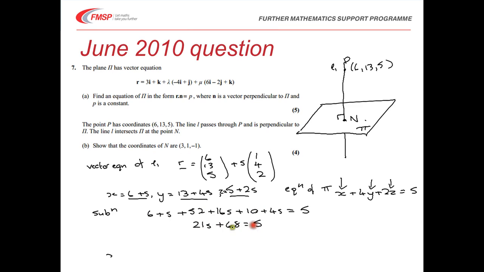So we get this. So this means that 21s is minus 63 and s is minus 3. So this is the value that s needs to take in order to get the coordinates of n. So n is, and this is just by substitution of s is minus 3 here, it's going to be x is 3, y is 1, and z is minus 1. And we've got that correct answer there, 3, 1, minus 1.